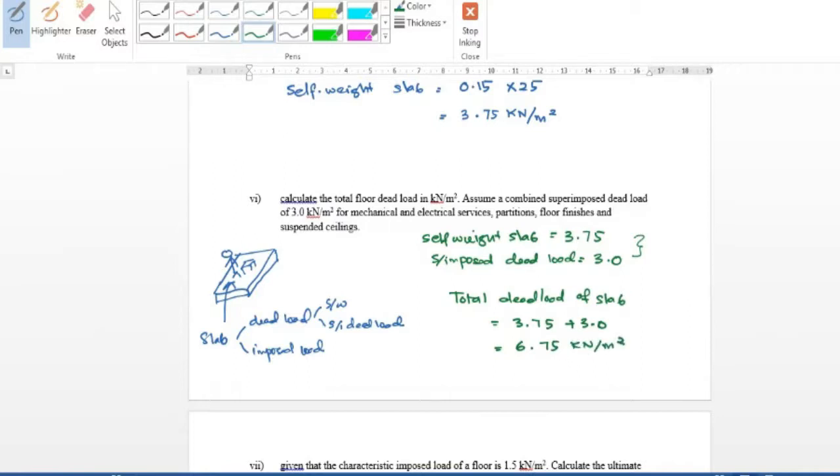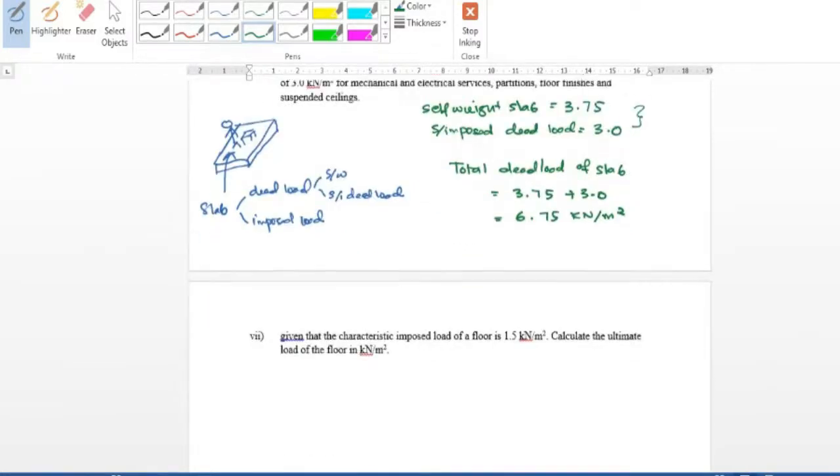Because of what? Self-weight is considered as dead load. Superimposed dead load is also considered as dead load. So we just add both values to get the total dead load of slab. Okay, guys?